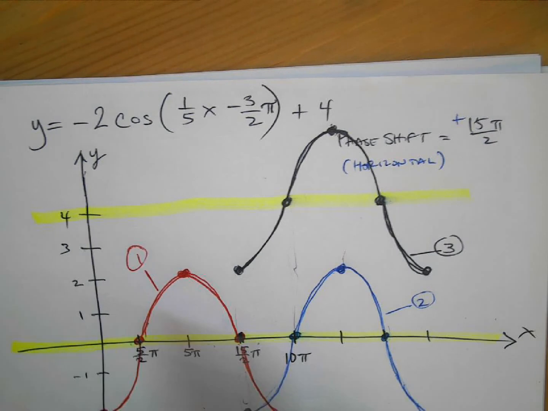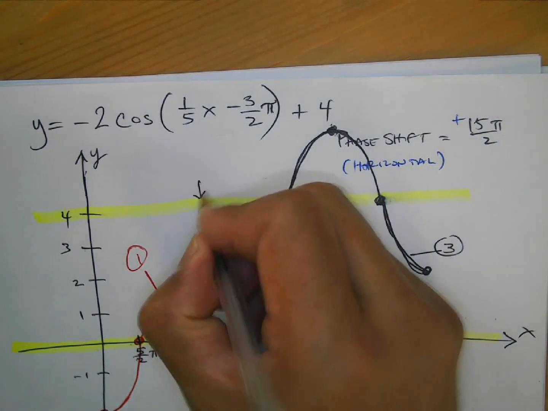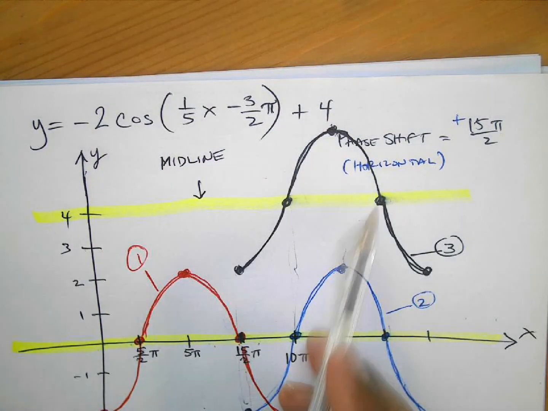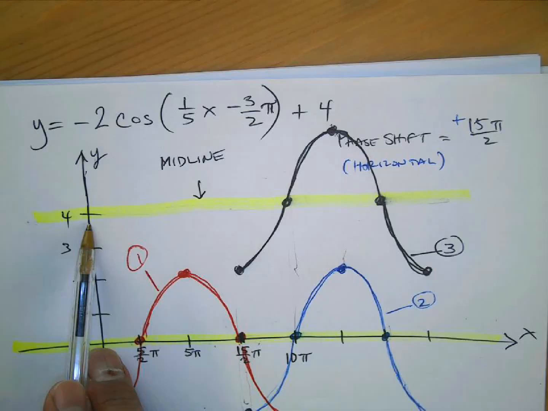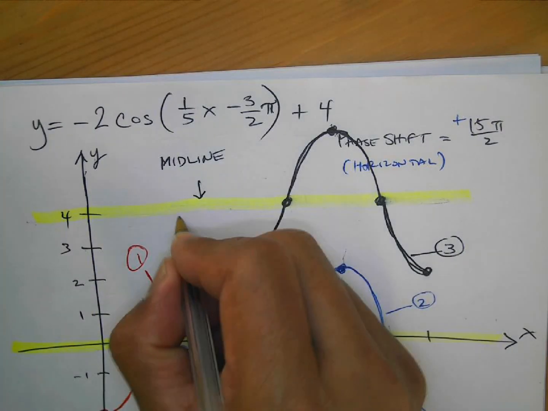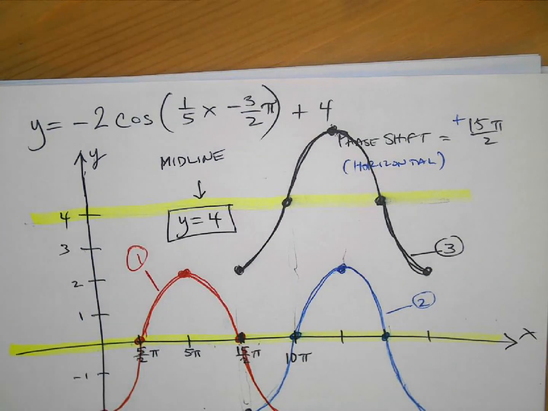So mark it, label them 1, 2, 3. The equation for the midline. It's a line that's crossing the y-axis at positive 4. So that's going to be what? Y equals 4. Okay, that's what we're doing. All right, good luck.